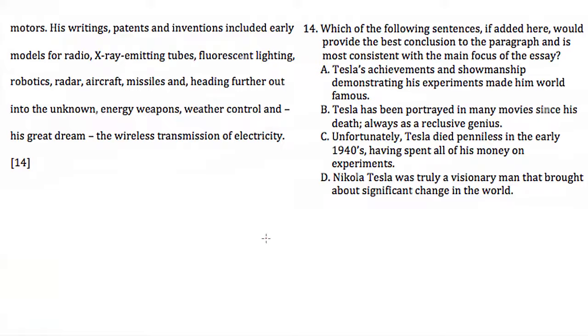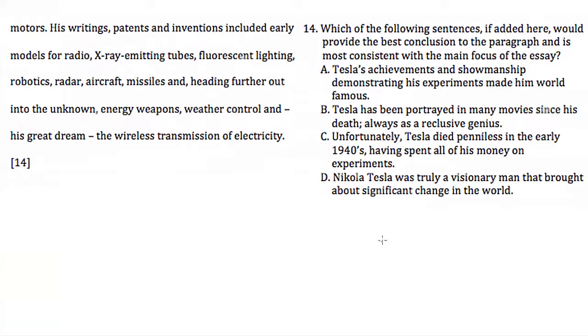B. Tesla has been portrayed in many movies since his death, always as a reclusive genius. C. Unfortunately, Tesla died penniless in the early 1940s, having spent all his money on experiments. Or D. Nikola Tesla was truly a visionary man that brought about significant change in the world.